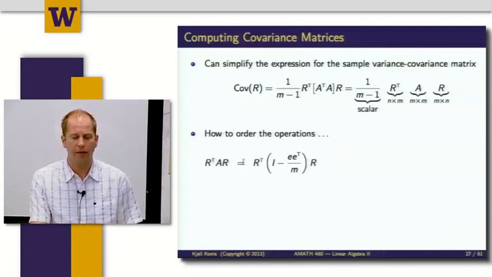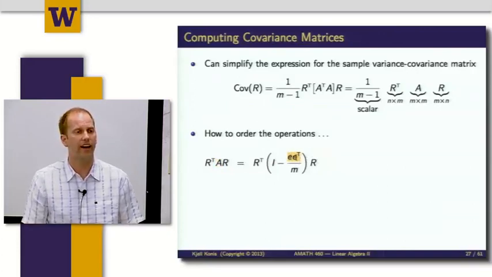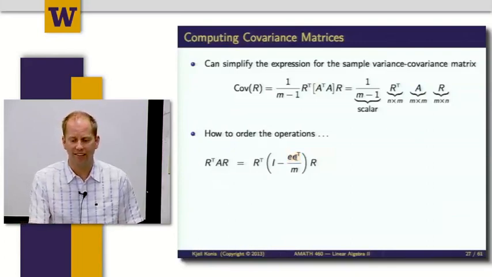So to do that, I'm going to replace A by its definition again, and then just look at what's going to happen when I rewrite. So here, if I do this product first, I end up with an M by M matrix. And I want to avoid doing that. So the obvious thing to do would be to do this times R first.